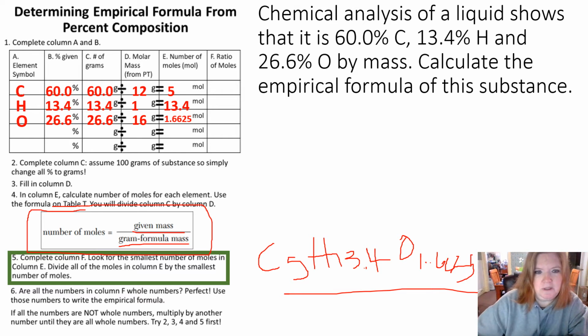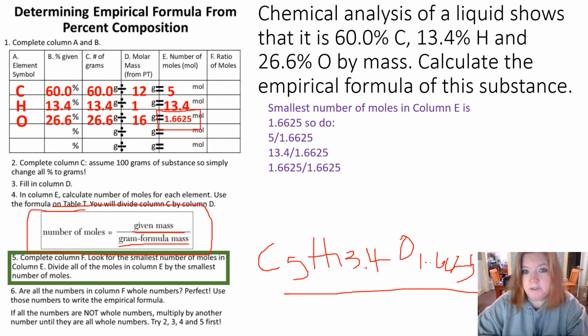So, oh, it's this one. This is the smallest number of moles. So what I'm going to do is divide each of these numbers by that number. So the smallest number of moles is 1.6625. So I'm going to do 5 divided by that. I get this. I do 13.4 divided by that. I get this. And then I do 1.6625 divided by that, and I get 1, which should make sense.